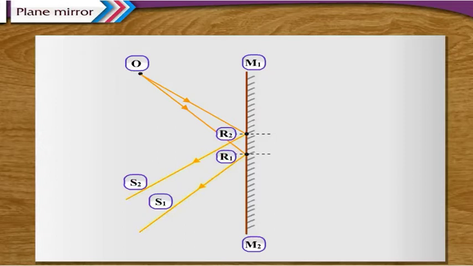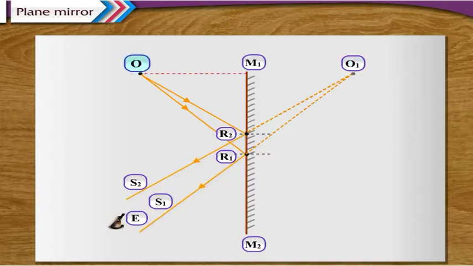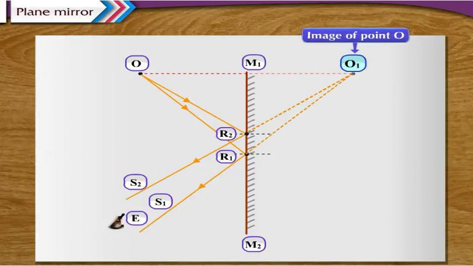When these reflected rays are extended behind the mirror, they meet at O1. The person looking into the mirror from position E sees that the reflected rays appear to be coming from O1. Other rays starting from O also get reflected and appear to be coming from O1. This point O1 is the image of point O.